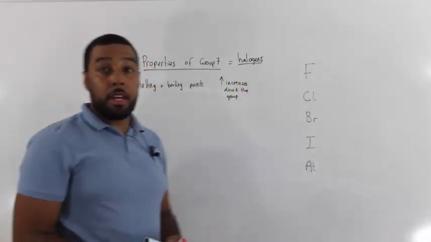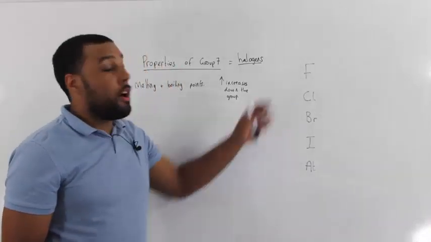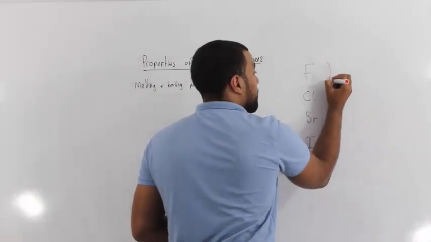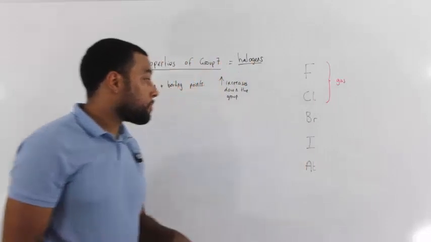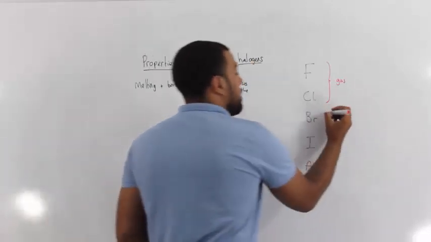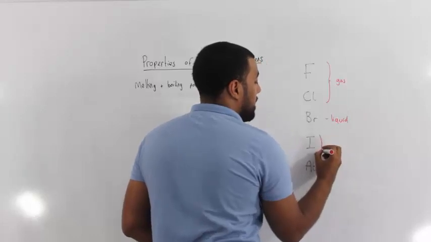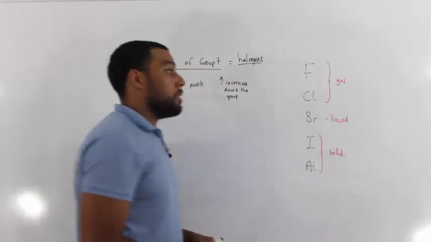Typically at room temperature, which is about 25 degrees, fluorine and chlorine would be gases. Bromine would be liquid, and iodine and astatine would be solid.